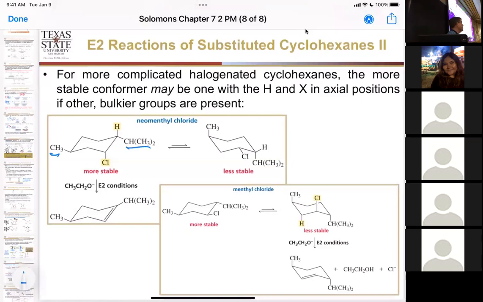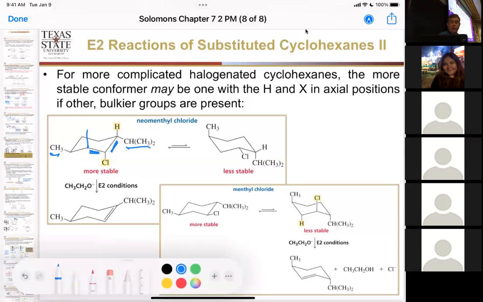We're lucky because the chlorine is also in its axial position, which means we can eliminate it. So we have an axial one here and we have an axial one there.